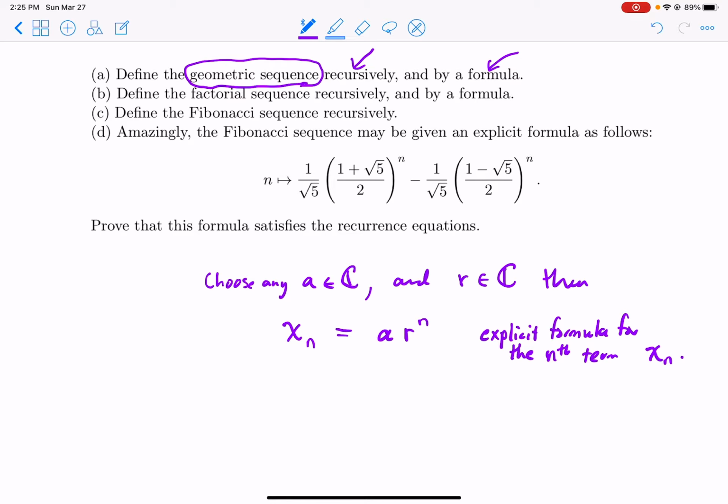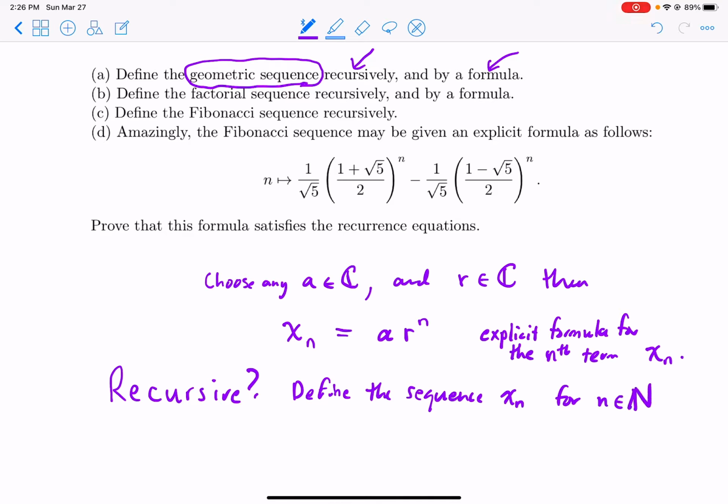Okay. Now, what is recursive? Recursive definitions, well, what do they do? So recursive definitions define the sequence x sub n for, I don't know, for n in the natural numbers maybe, or the natural numbers with 0, or maybe you could write the integers that are greater than or equal to 0, or maybe you want to start at 1.